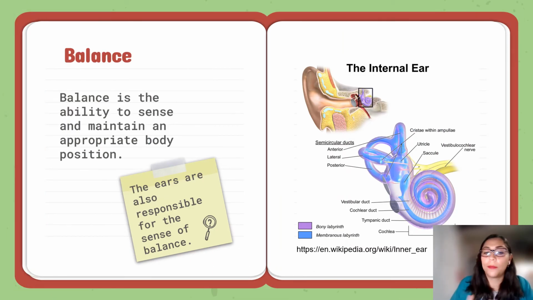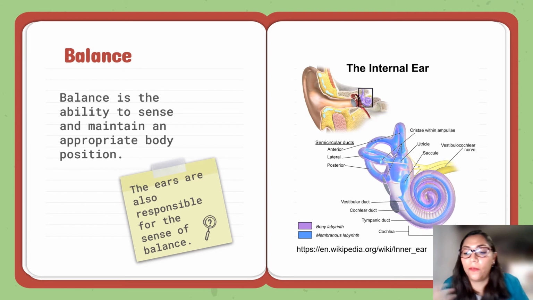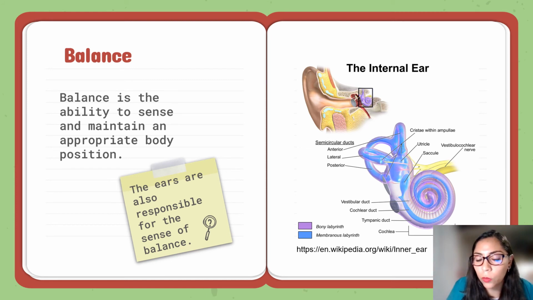Now we're going to talk about balance. Balance is the ability to sense and maintain an appropriate body position. This is why we can walk without falling in front of our body, because we have balance. This sense of balance is perceived in our ear, specifically in our inner ear, where we can find this structure.